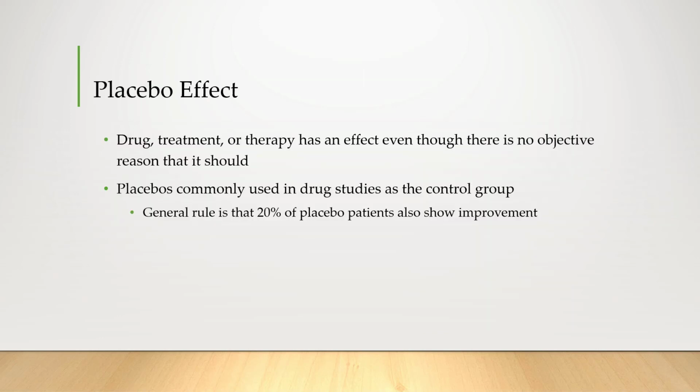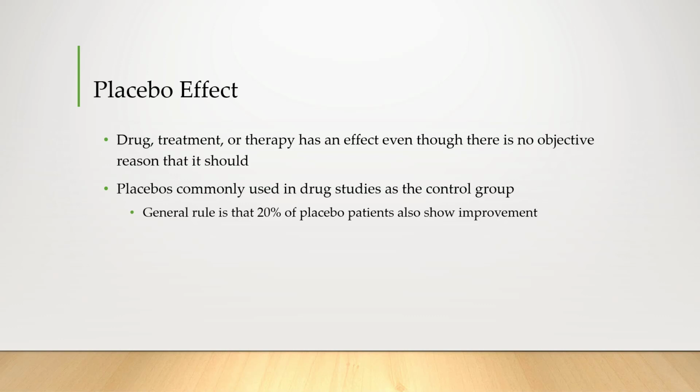So another thing we want to talk about with measurements is the placebo effect. Most of you understand what a placebo is. It's a drug treatment or therapy that's generally used within control groups. So if you have a double-blind study, the control group is still going to get a pill. Everybody's got to think they're getting something.